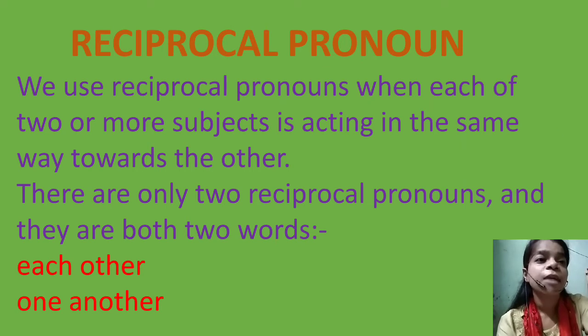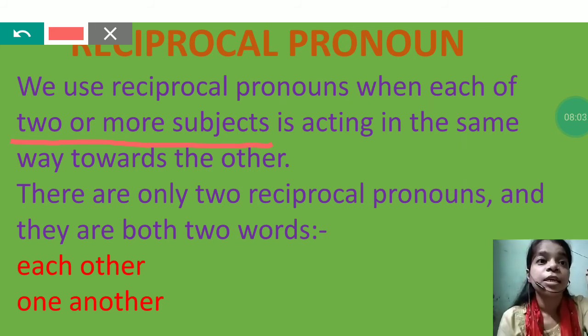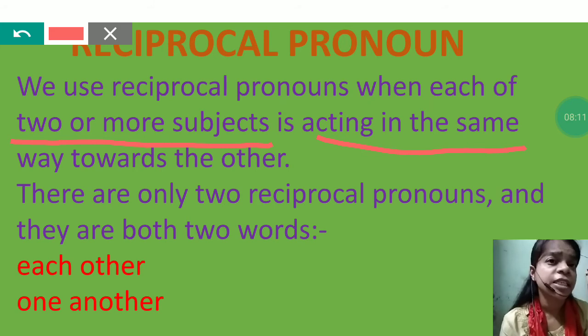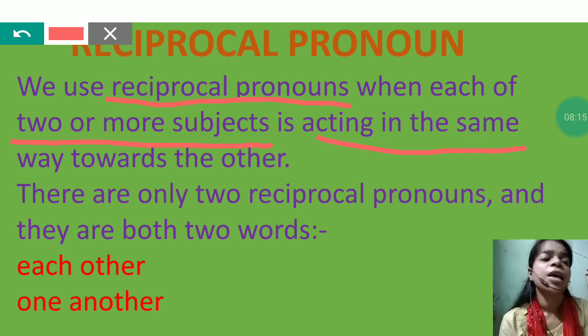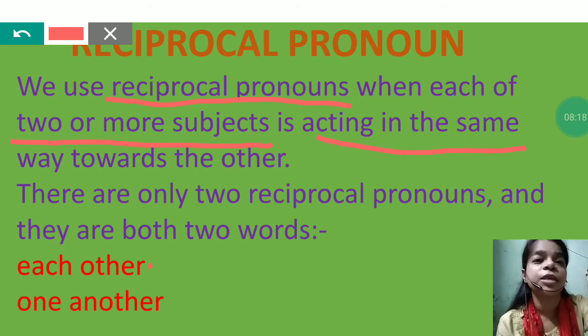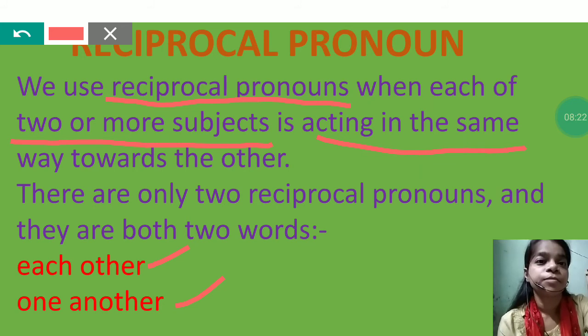It is a pronoun used when two or more subjects do the same thing towards each other. In simple language, when two or more subjects do the same thing for each other, then we use reciprocal pronouns. And there are only two reciprocal pronouns: each other, one another.